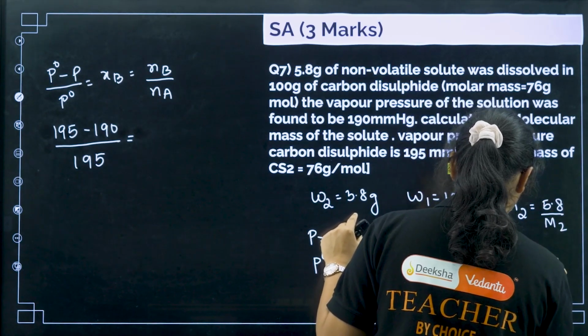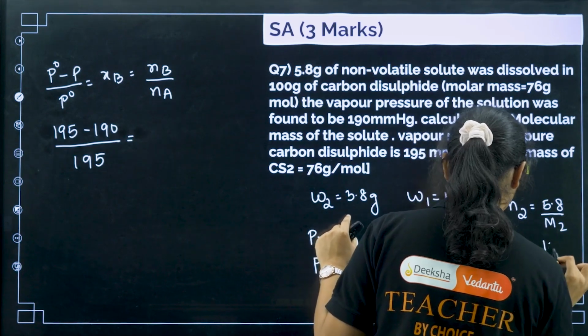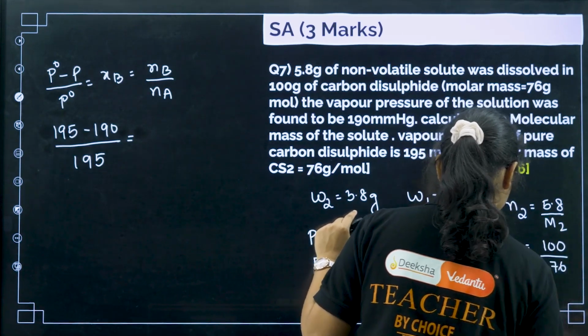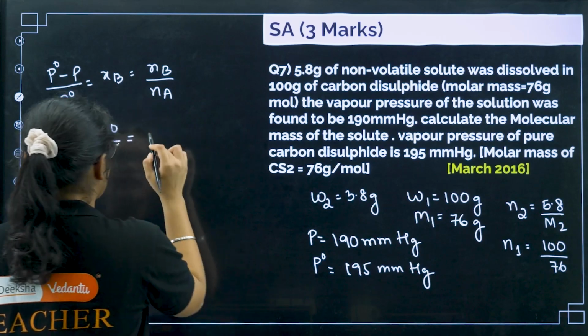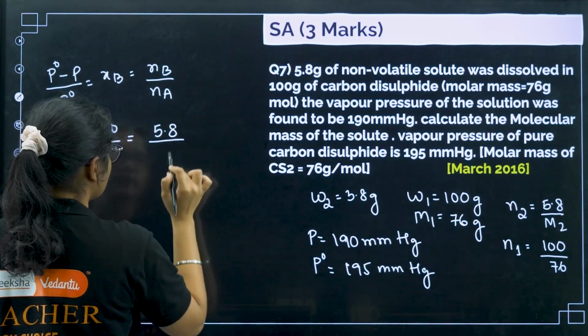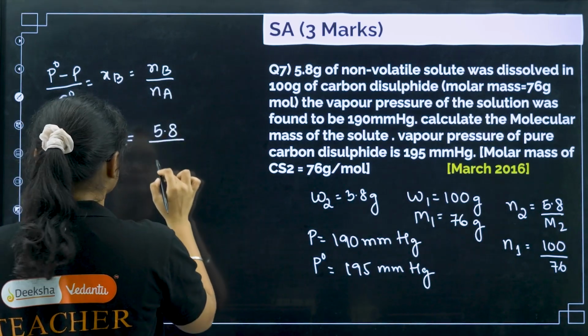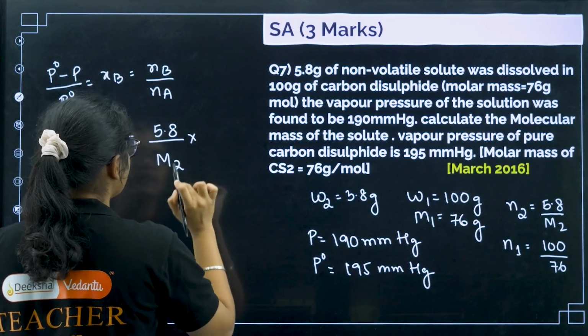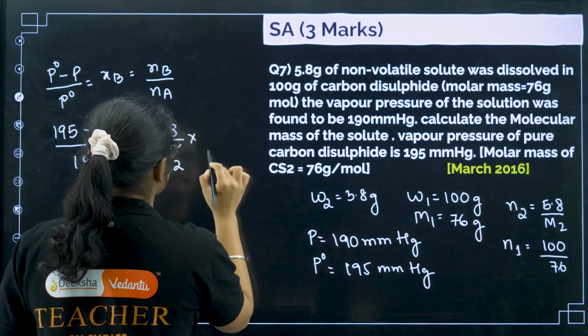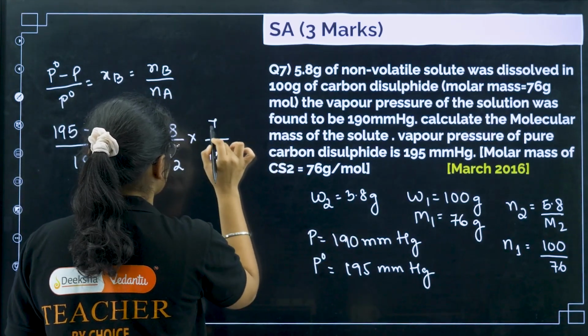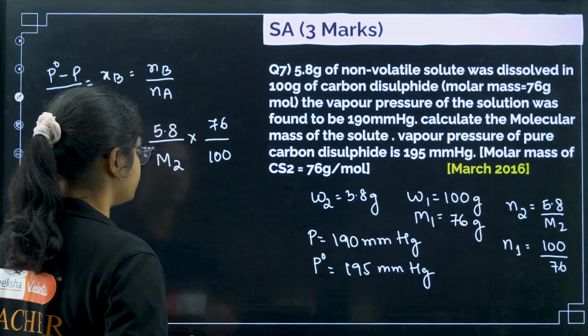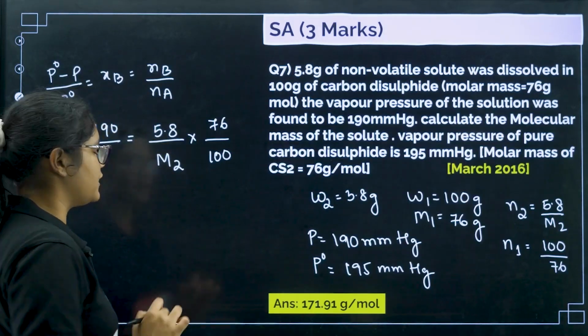And N1, of the solvent, is 100 by 76. So we can calculate here. NB is 5.8 by M2 over NA is 100 by 76. Clear?